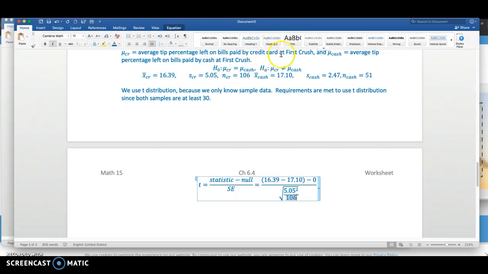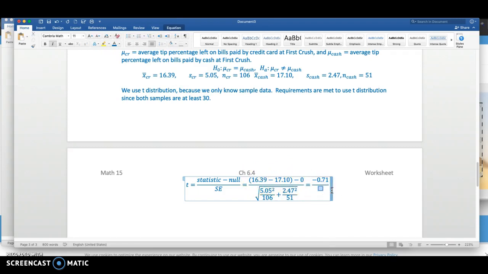And for the standard error, it's going to be the standard deviation, 5.05 squared, divided by the sample size. Notice this is for the credit card. And then we look at the cash bills. That standard deviation was 2.47 squared, divided by 51. All right, if I throw this in the calculator, we get 16.39 minus 17.10. On the top, it's a negative 0.71. Again, this reflects that there's not a very big difference between the sample means.